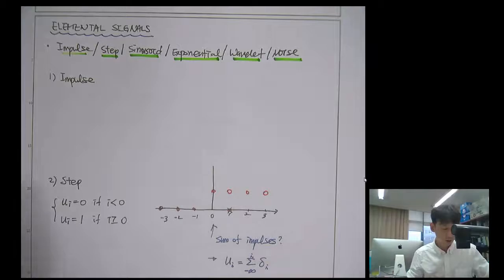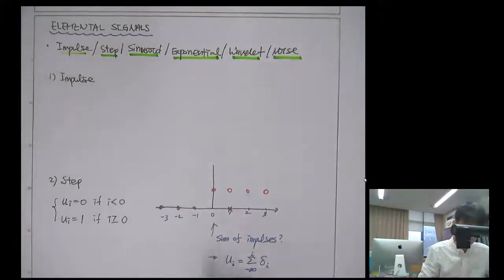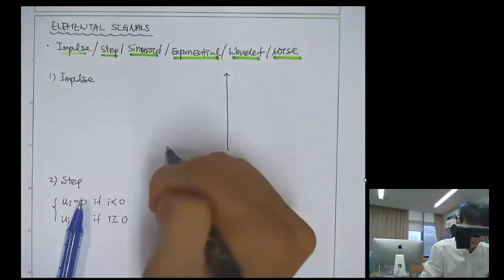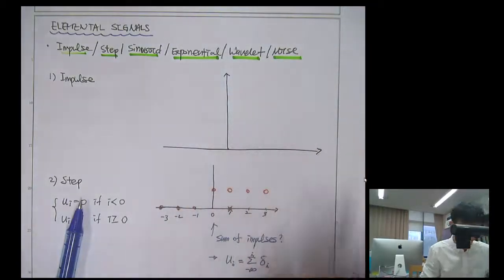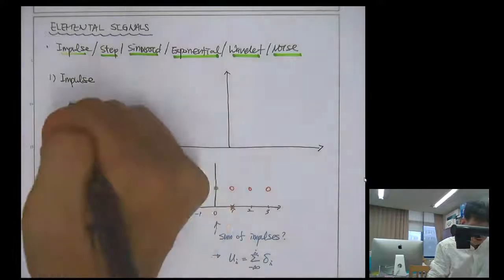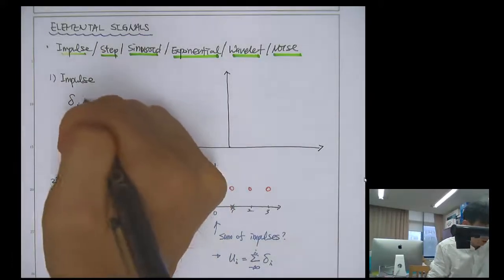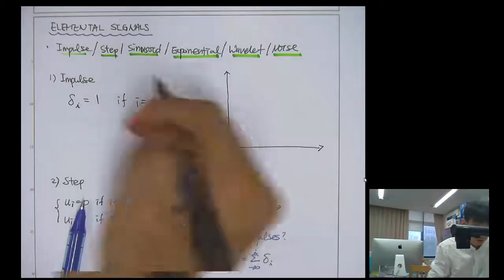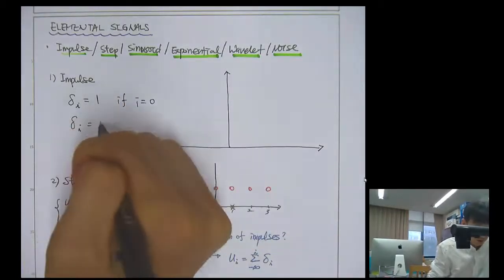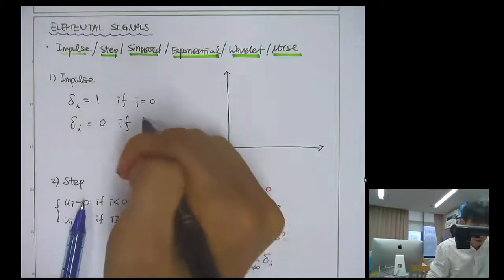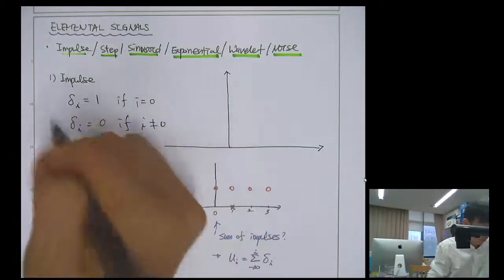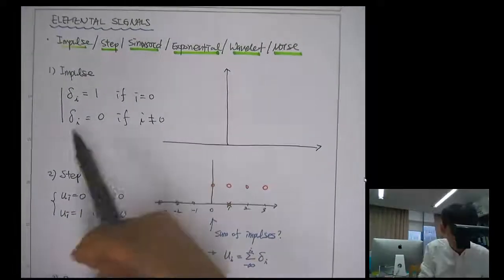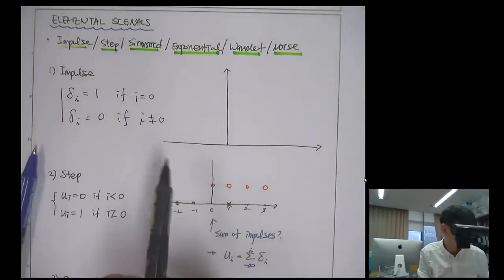Let's talk about the first one, impulse. The definition of the impulse is delta i is 1 if i is 0, and delta i is 0 if i is not 0.